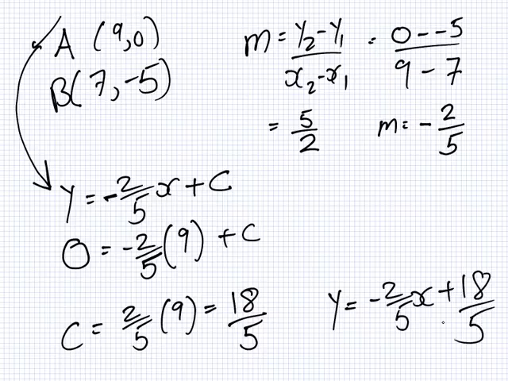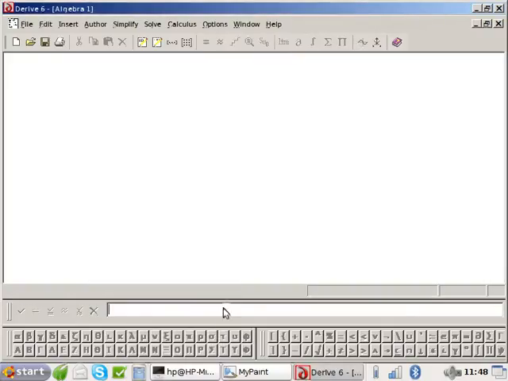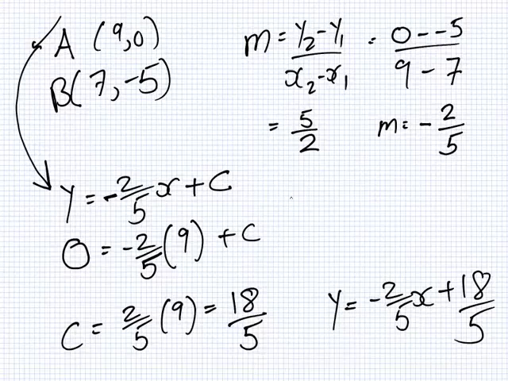Did you get this, Jocelyn? No. Did anybody get it? The c is the problem. Lots of problems. For example, x1 equals 9, y1 equals 0, x2 equals 7, y2 equals minus 5.